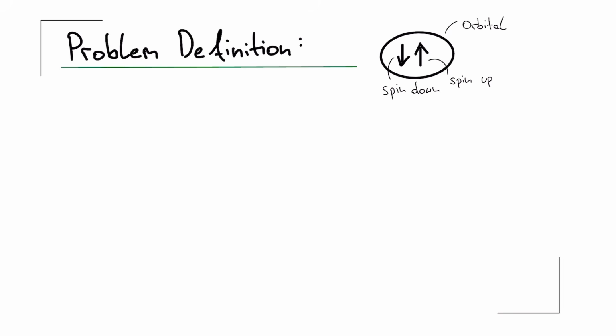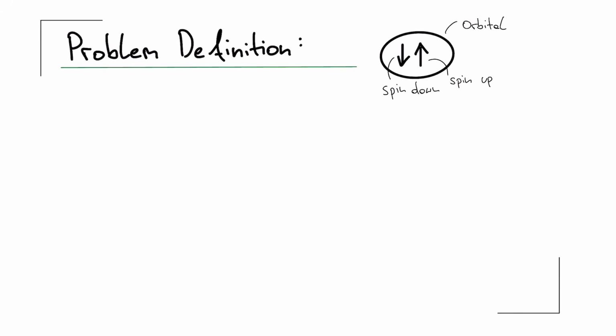Positive repels positive, negative repels negative, and opposite charges attract. Spin is also a property that affects how particles interact. So the takeaway is this: you can't have 2 electrons in the same orbital with the same spin. That's why only 2 electrons per orbital are allowed. And they must have opposite spins, one up, one down.